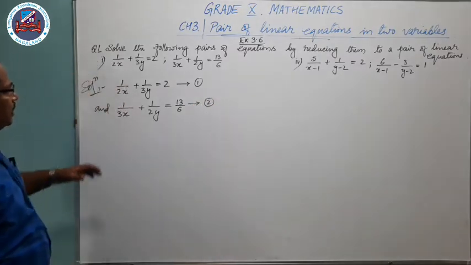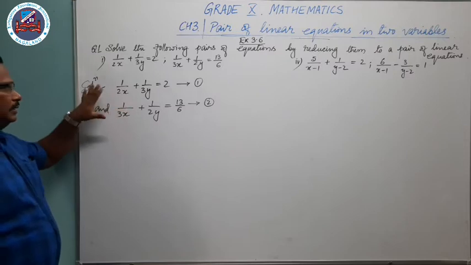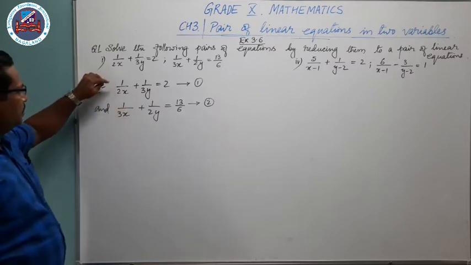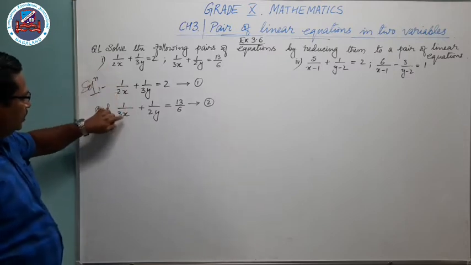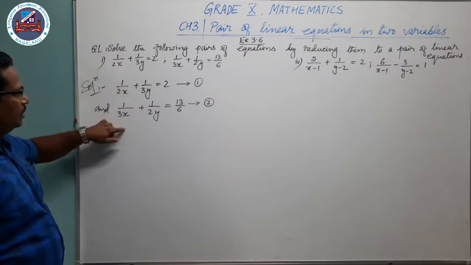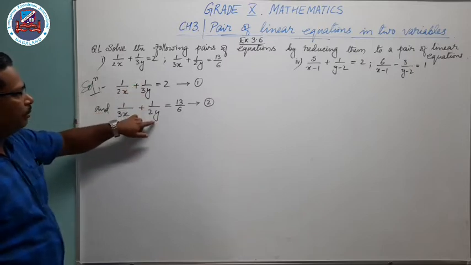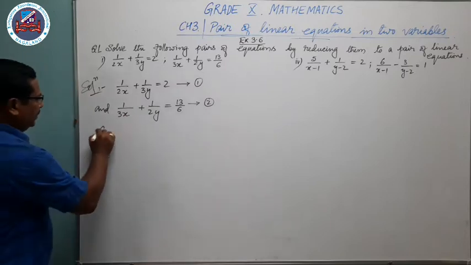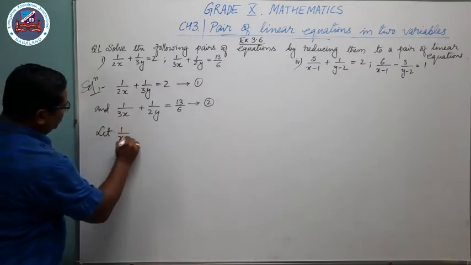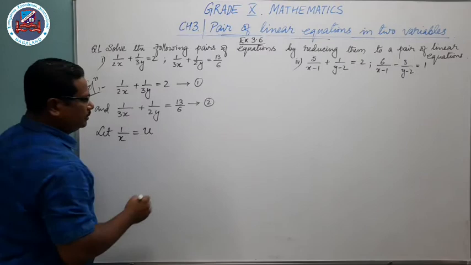Then you will see which terms are common on the left hand side of the equation. 1 by x, here also 1 by x, so 1 by x is common, and here 1 by y, 1 by y.